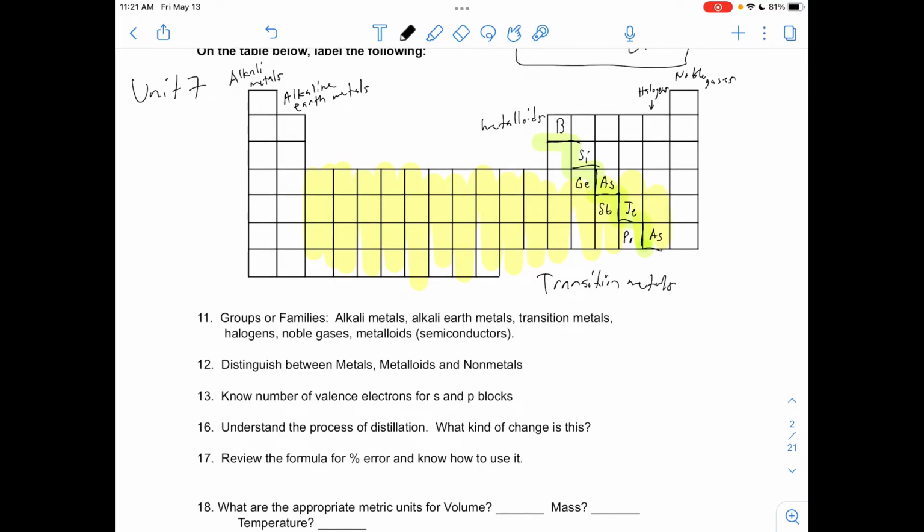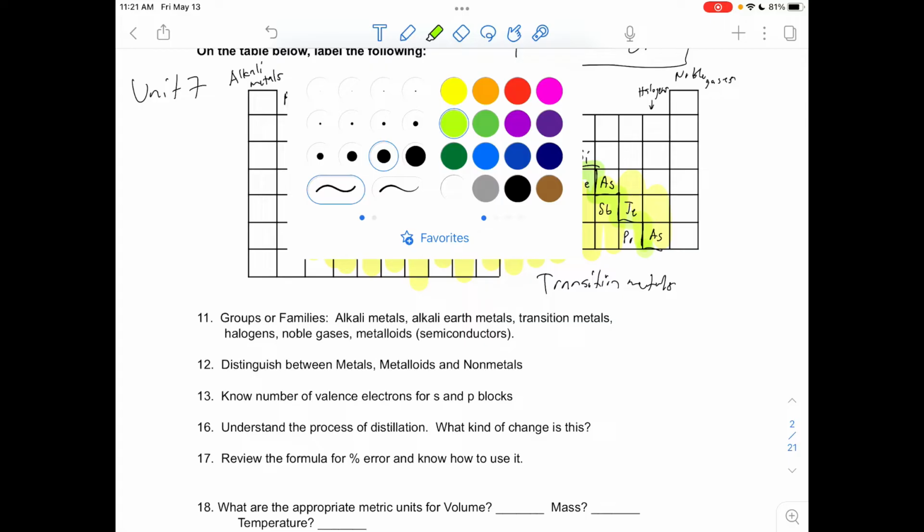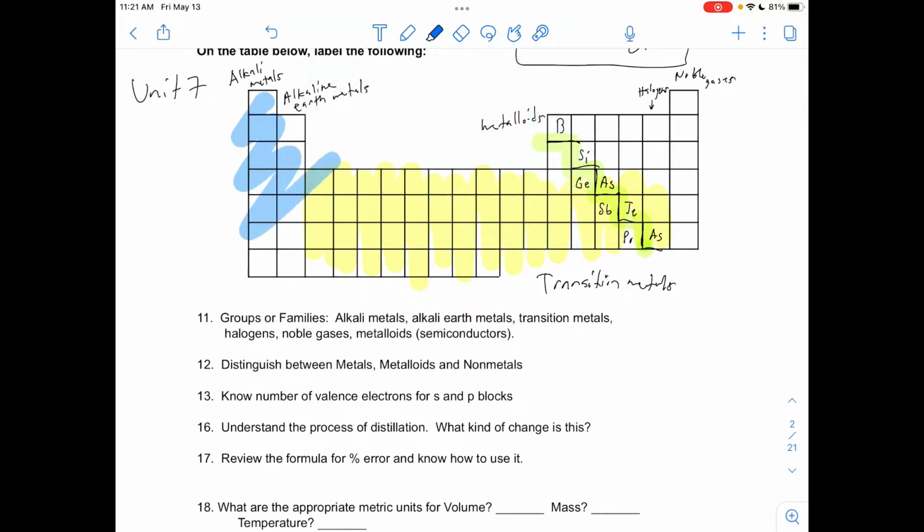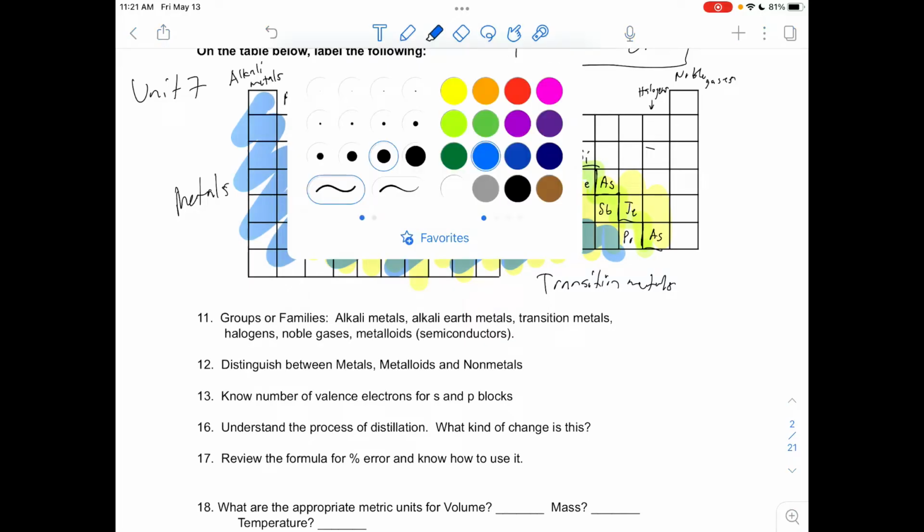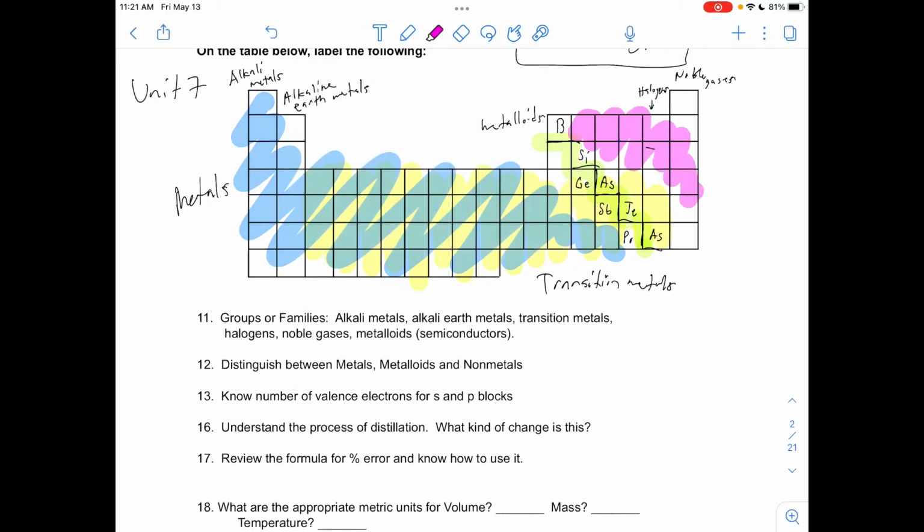So metals are all here, and I'll label it in blue. Okay, all these guys, including the transition metals, they're all metals. Okay, and we already labeled the metalloids. All these in the top right-hand corner, I'll label them in pink. Okay, these guys are nonmetals.